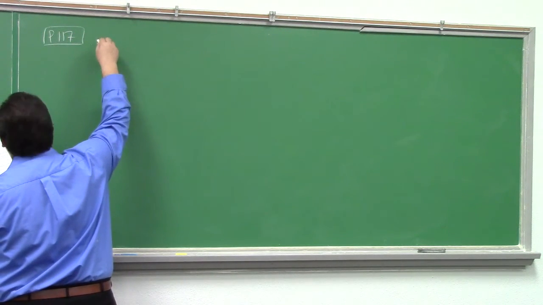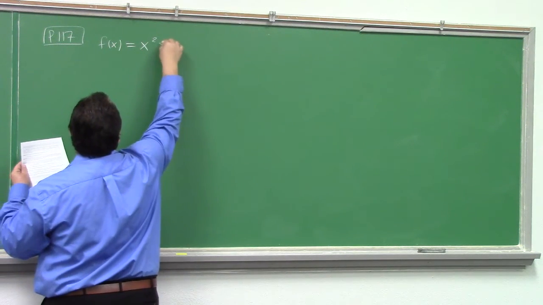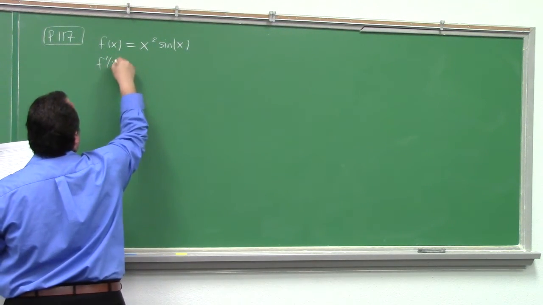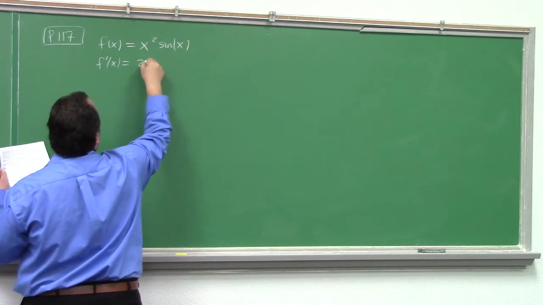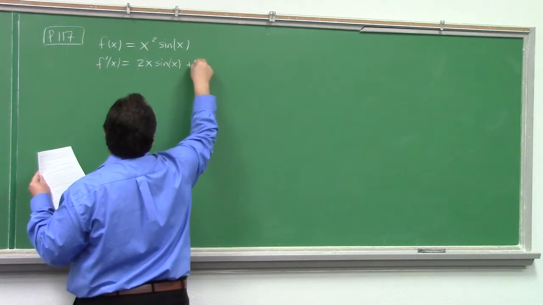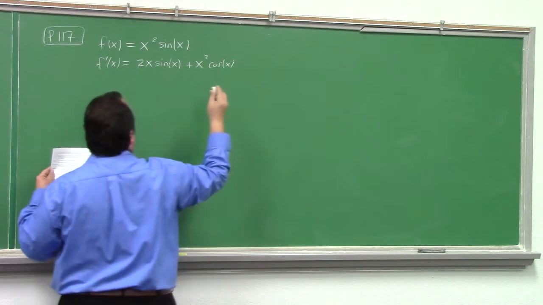So here we had x squared sine of x, so we differentiate. We get 2x sine x plus x squared cosine x by the product rule.